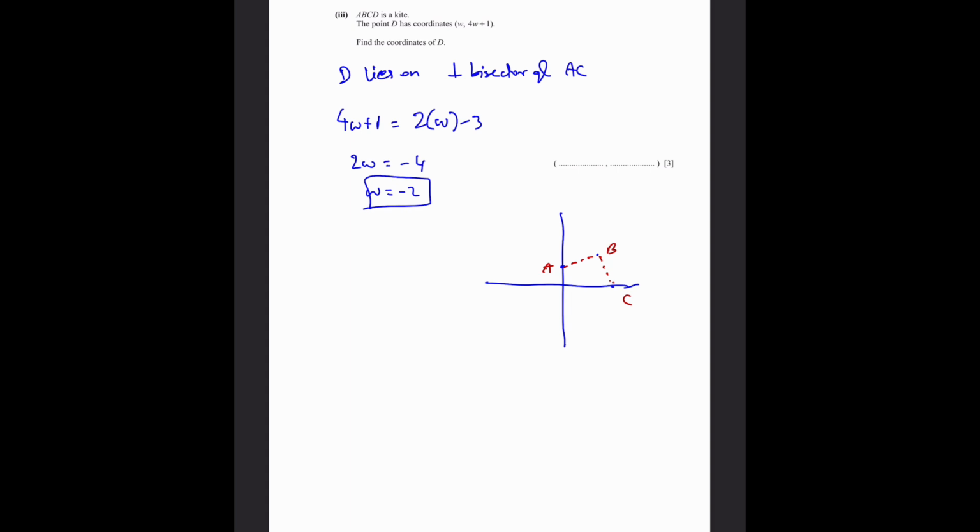So this is the x coordinate and the y coordinate is going to be just substituting this value into 4w plus 1. 4 times negative 2 plus 1, negative 7. So the coordinate D is (minus 2, minus 7).